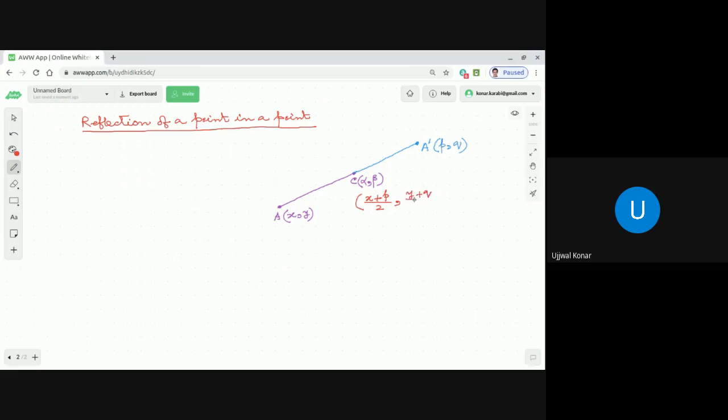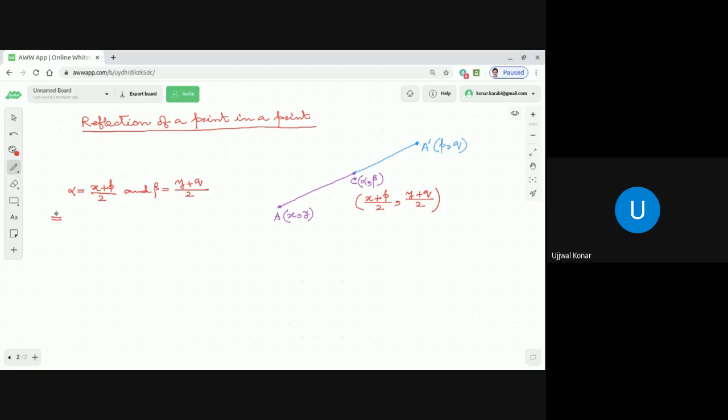So then what we get is that alpha is equal to x plus p by 2 and beta is equal to y plus q by 2.